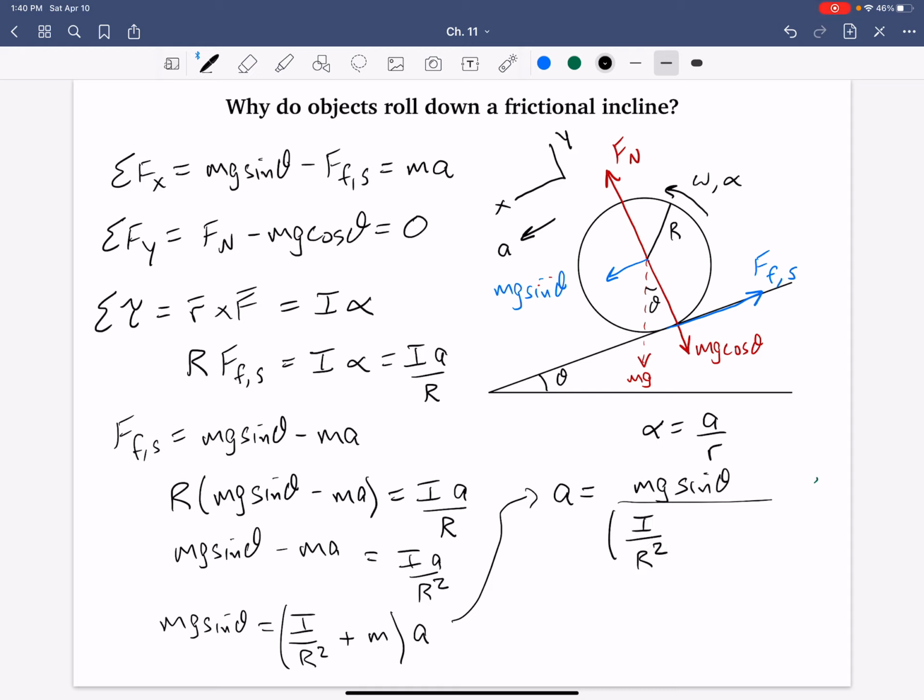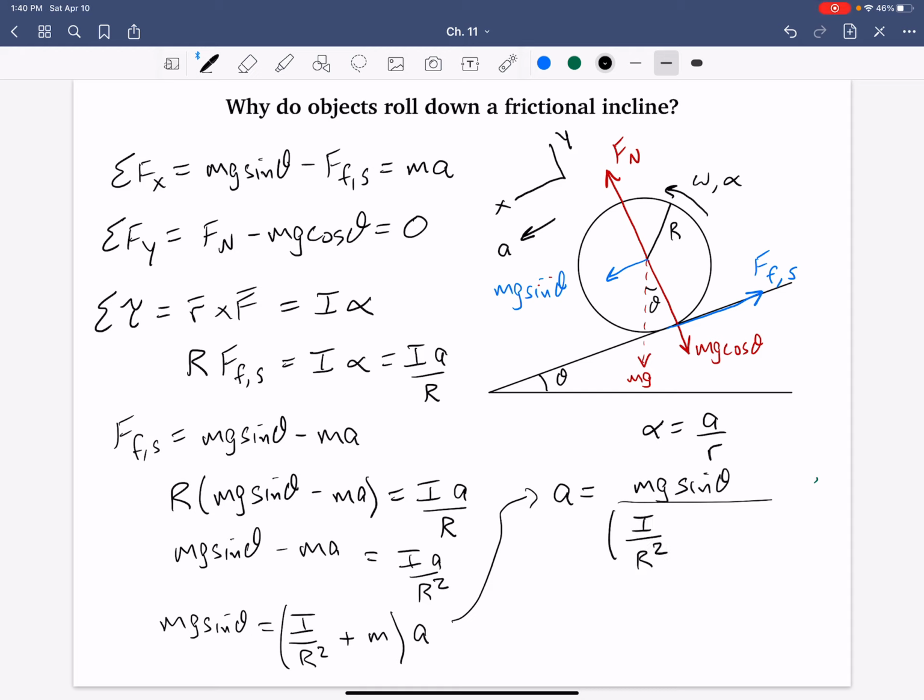And this is it, right? And again, this is for the acceleration of the center of mass, which means it's the moment of inertia about the center of mass. Okay, so let's take a look at what this equation means. What does the acceleration depend on? Well, if we increase the angle of this incline, you would think intuitively that the ball should accelerate faster, right?